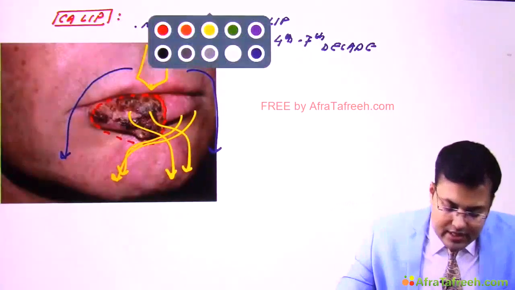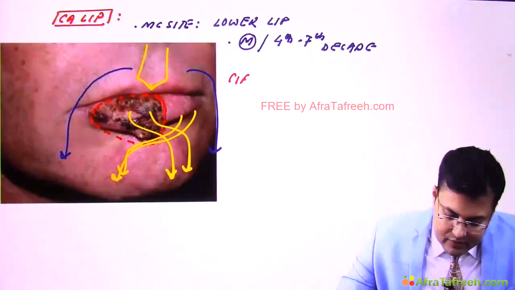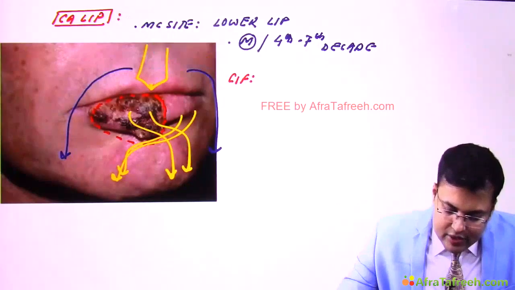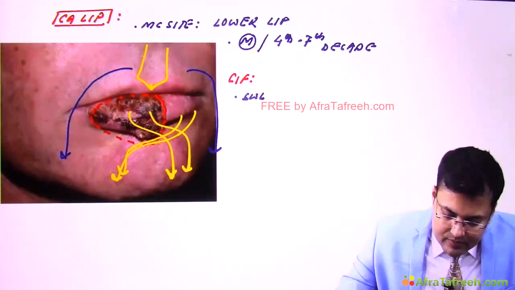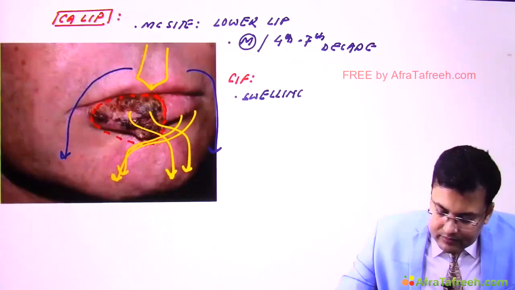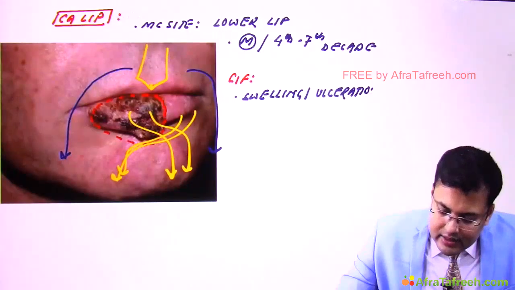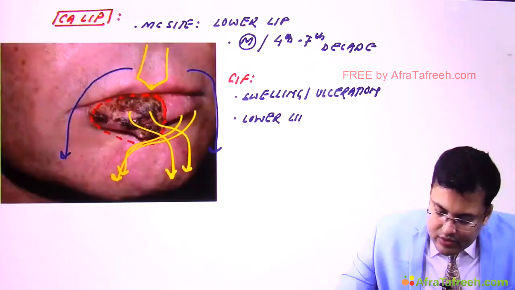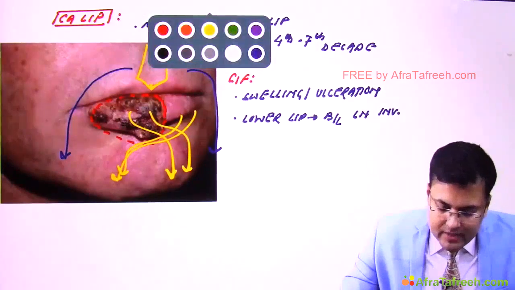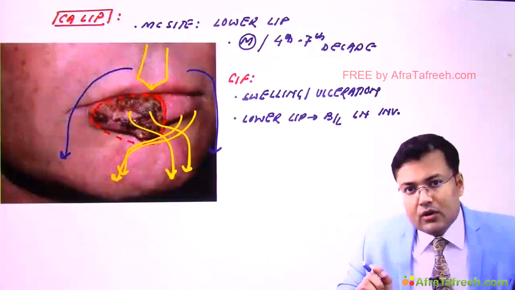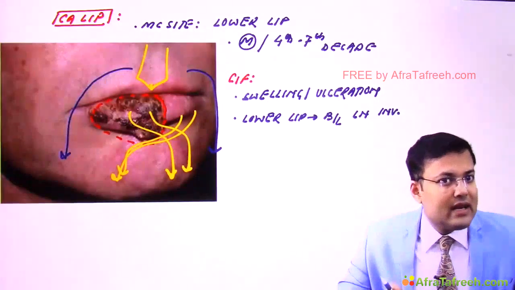Okay, so clinical presentation we discussed, there is swelling or ulceration, clear. Generally if malignancy is in the lower lip, it can lead to bilateral lymph node involvement, and the most commonly involved group of lymph node only seen in advanced malignancies.